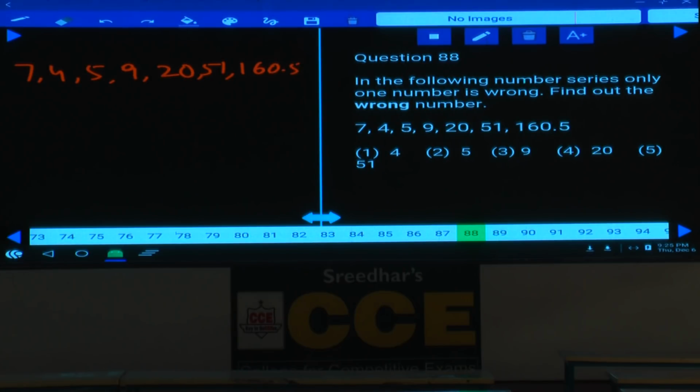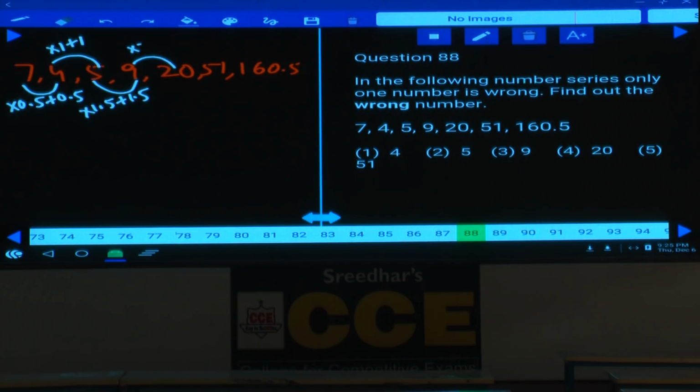Now in this one, 7 and 4, how can you express this? 7 into 0.5 is 3.5 plus 0.5 is 4. Next, 4 and 5: 4 into 1 plus 1. Next one into 1.5. 5 into 1.5 is 7.5 plus 1.5 is 9.